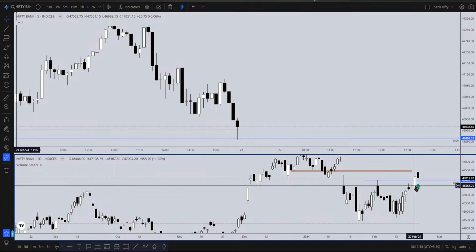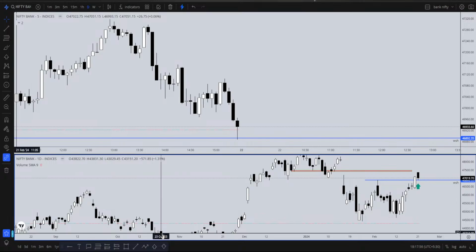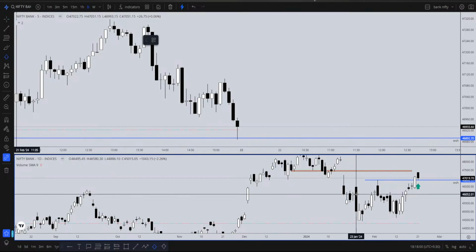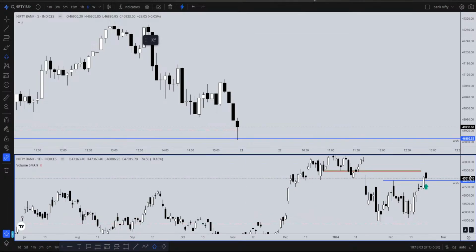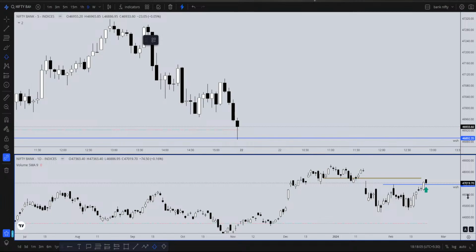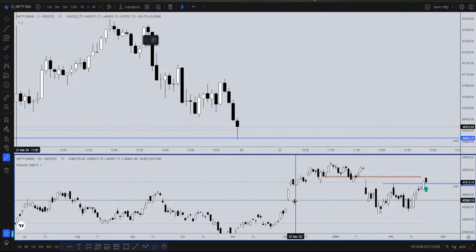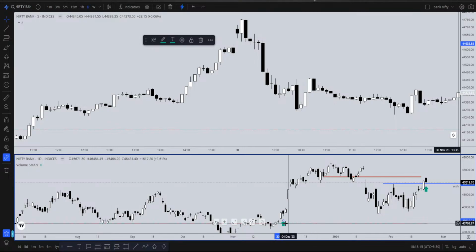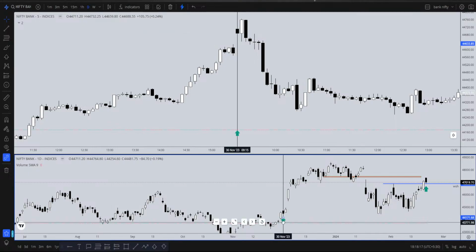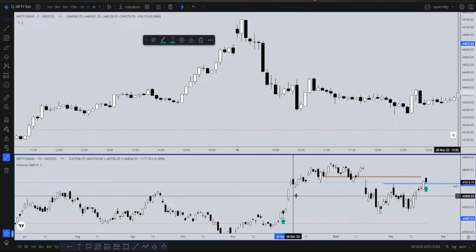So this is the first one which I have marked. I will start marking others, so just bear with me. So this is also a type of market environment change where it's trying to break out, and it broke out with the help of a gap actually.